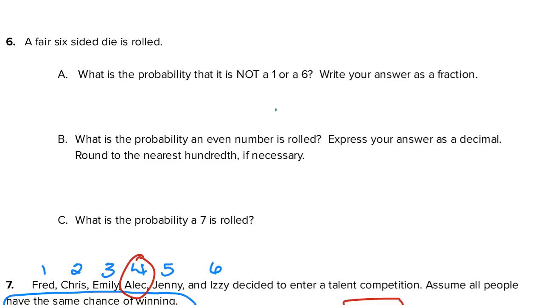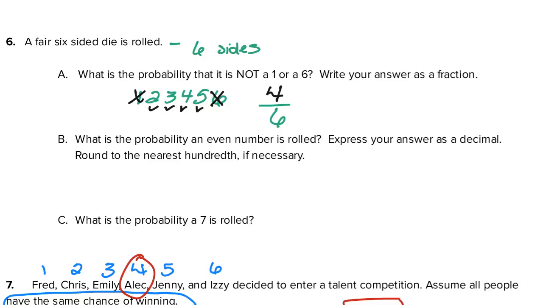Your denominator is going to be a 6 because a die has 6 sides, right? And it has all the numbers 1 through 6. So if it is not a 1 and not a 6, that means it could be any of these. Yes. So that is 4 out of 6.